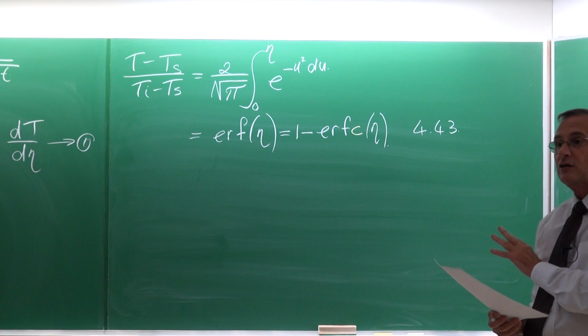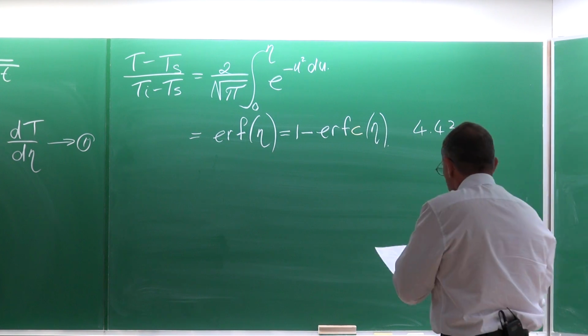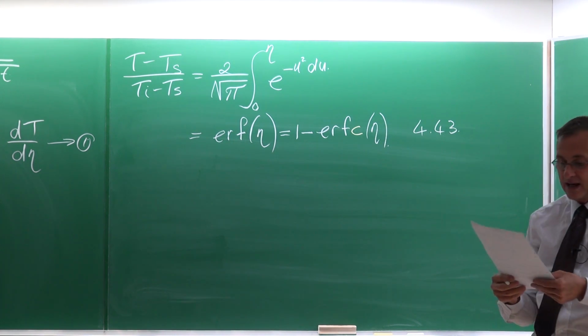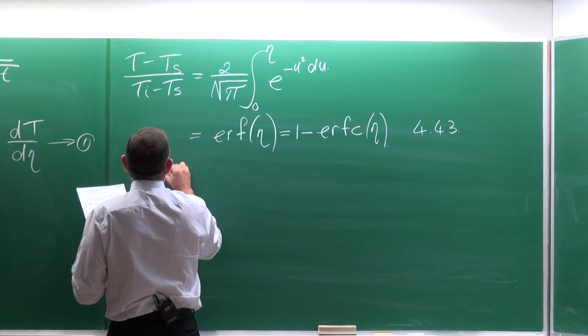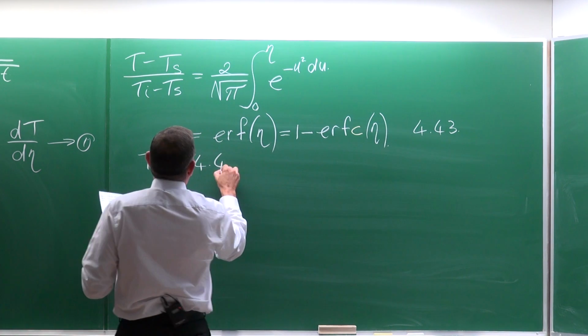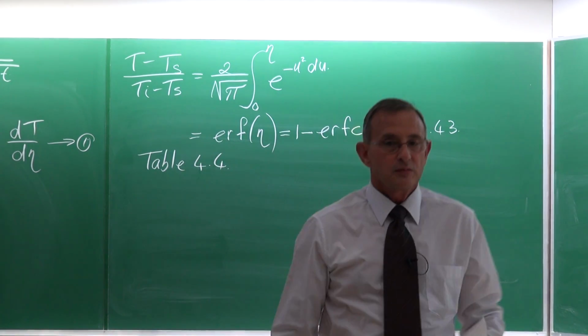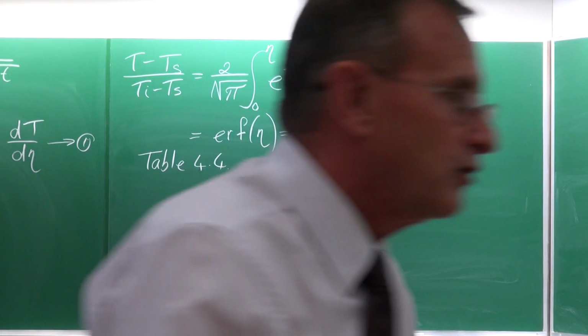Now, there's no analytical solution for this equation, and it has to be solved numerically, and the result of that is given in table 4.4. Okay, let me show table 4.4 to you. There it is, if you can just take a look at that.